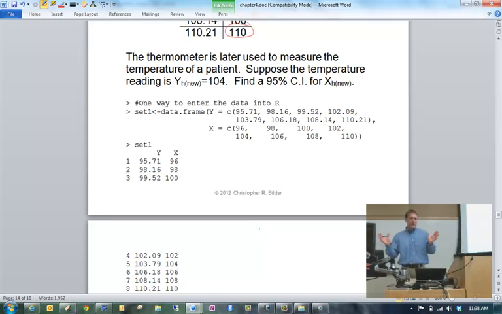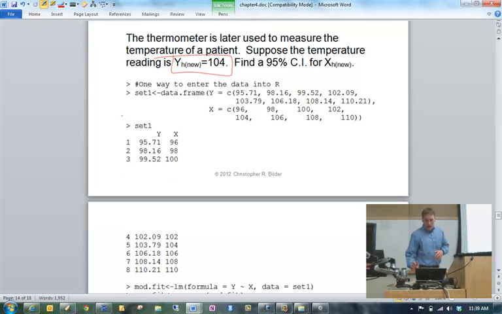Let's say the thermometer is meant to be used later on a patient, and this patient had a 104 degree temperature on the thermometer. What we want to know is, what's the actual true temperature of that person? So this is where inverse prediction could be used. What we want to do is find a 95% confidence interval for this x nu, the actual temperature. So let's talk about how we can do this in R.